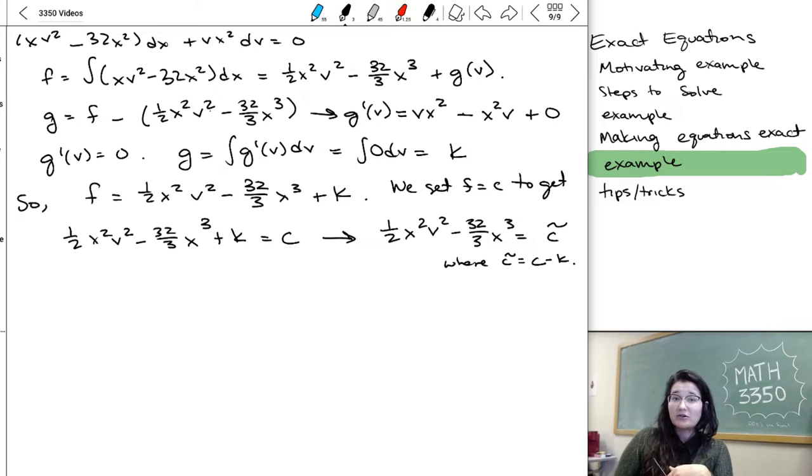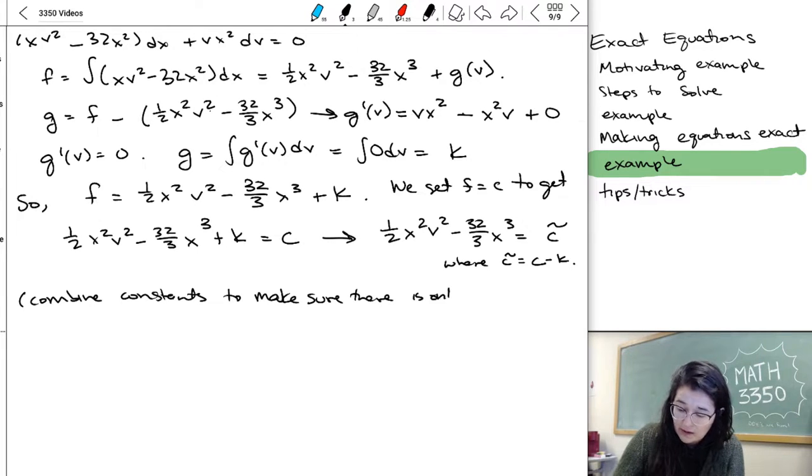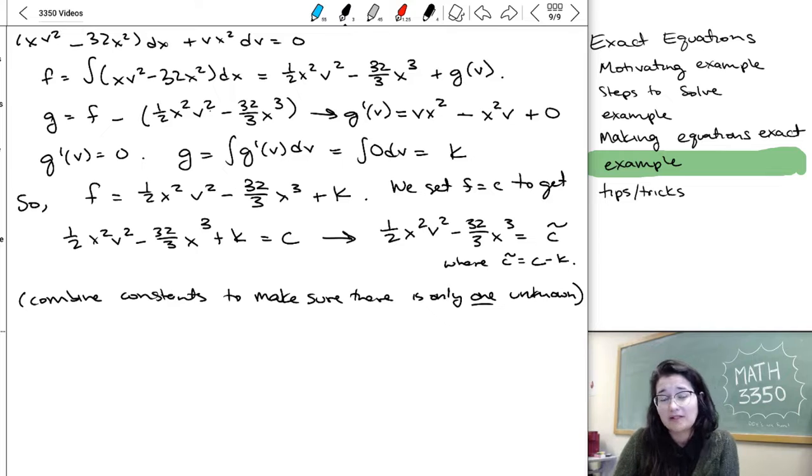You just need to make sure that there's only the one when you're done solving one of these types of problems. So combine constants to make sure there is only one unknown, because we'll only have one initial condition to help us get rid of it.